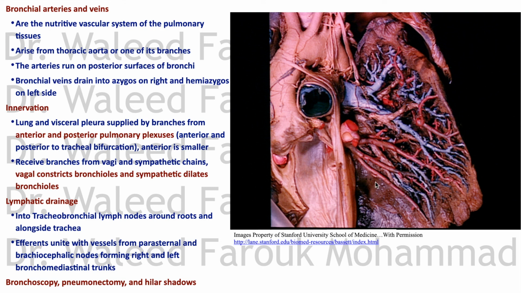And I drew your attention to the hilar shadows that represent the beginning of the bronchial tree and the hilar lymph nodes, the bronchopulmonary lymph nodes at the hilum of the lung.